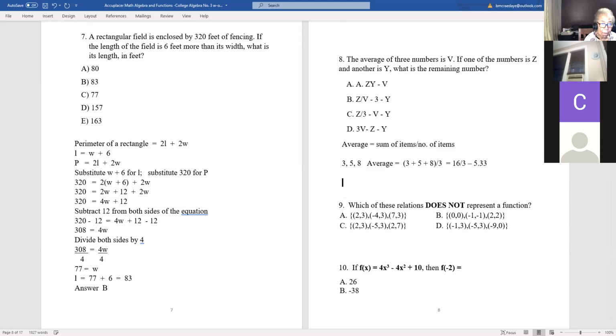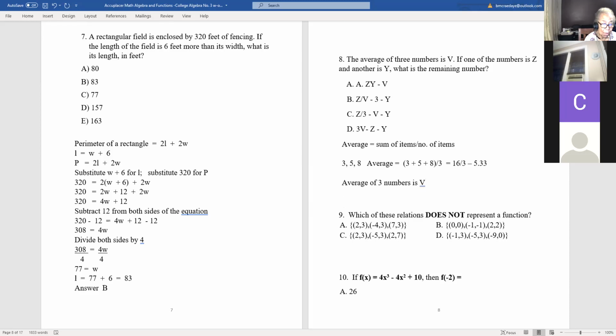The average of the three numbers is V. One number is Z and another is Y.